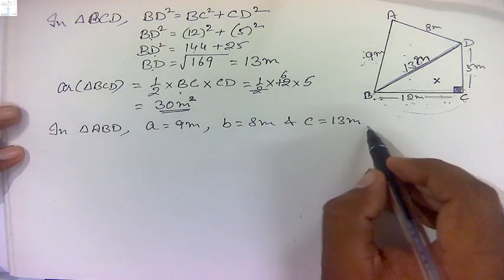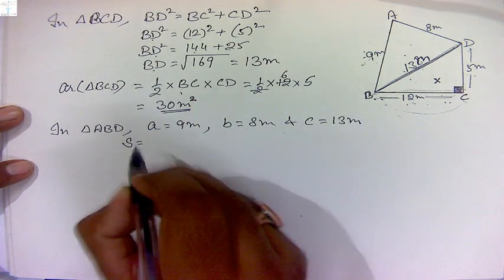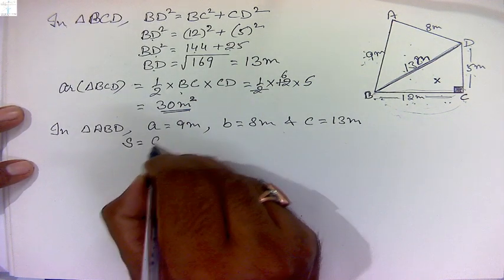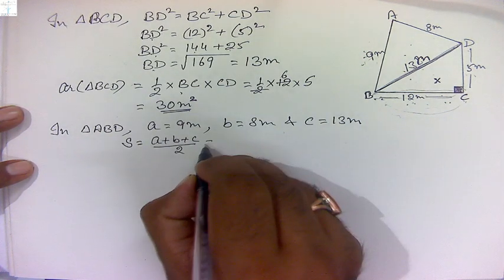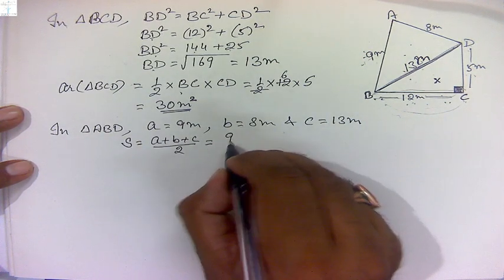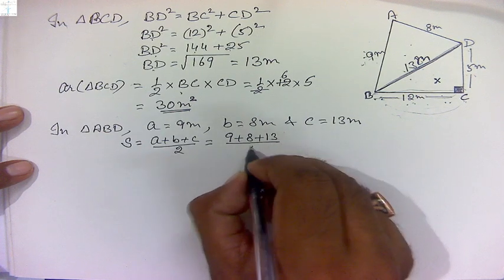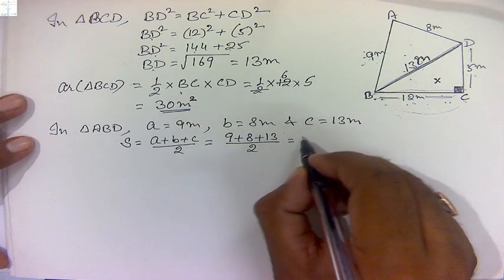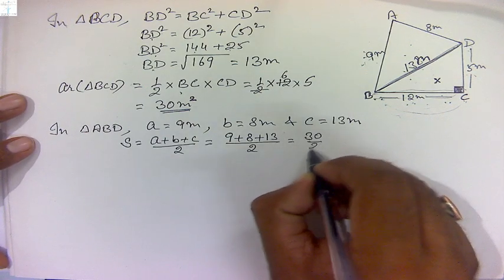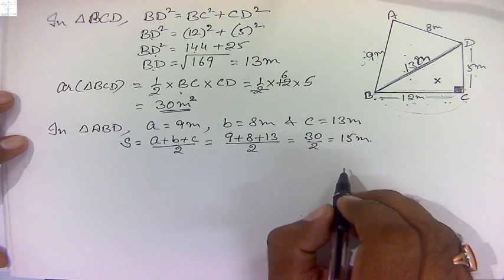So taking these sides, let us calculate the area. First we need the semi-perimeter, that is a plus b plus c upon 2, which will be 9 plus 8 plus 13 upon 2, and 9 plus 8 plus 13 is 30 upon 2, which is in turn 15 meter.